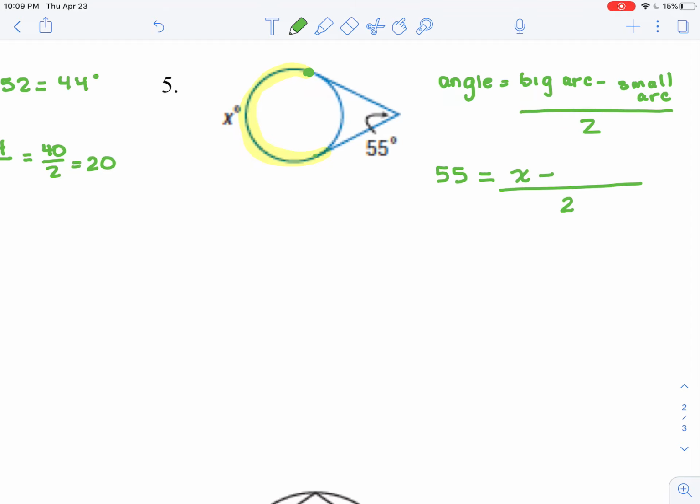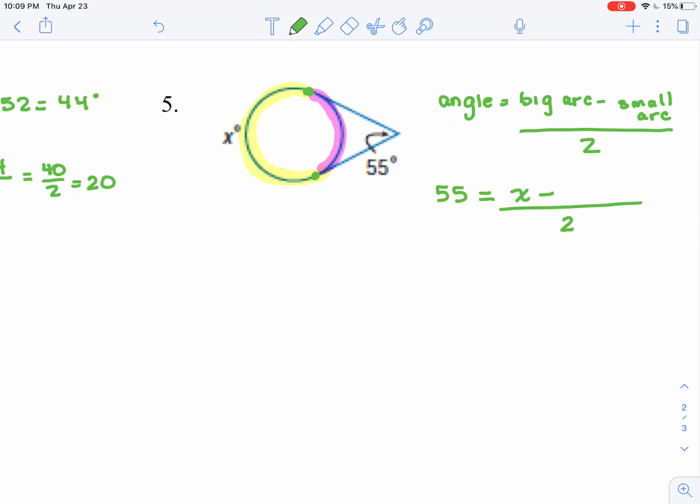But notice together the big arc and the small arc form an entire circle. So the smaller arc, this section of the circle, is what's left once we take away the big arc. The smaller arc here has a measure 360 minus x.